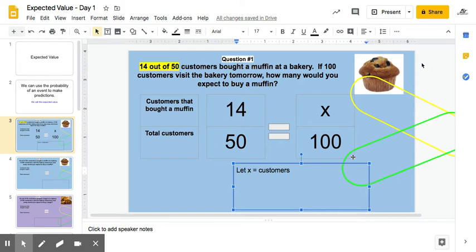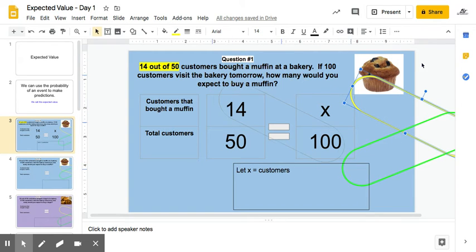Okay, now I need to solve this proportion. Recall, we solve proportions by cross multiplication, which means we are going to be multiplying diagonally across this equal sign. So some of your teachers and I did in the beginning, they refer to as the butterfly method, because when we do that diagonal cross multiplication, it kind of looks like a butterfly.